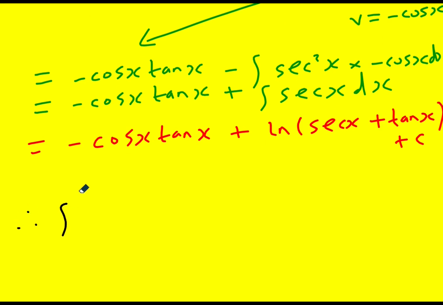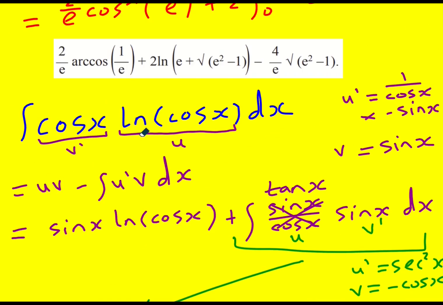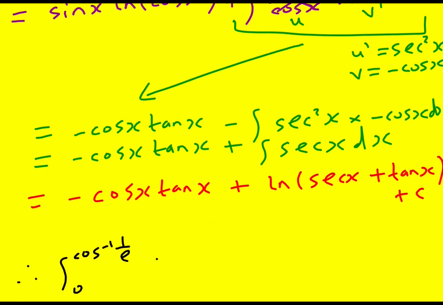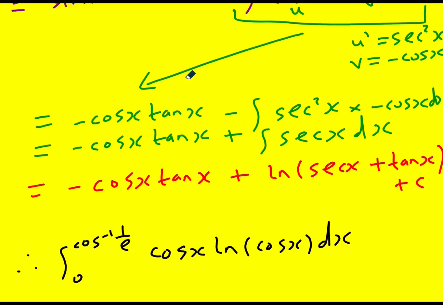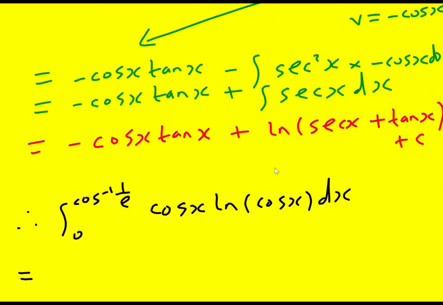So therefore, I'm now going to bring the limit in. I know I haven't quite brought it together, but it was this cos x ln cos x, and equal to that first term, sine x ln cos x.